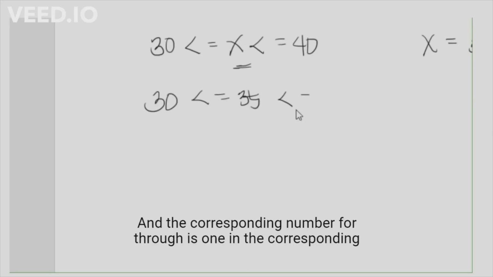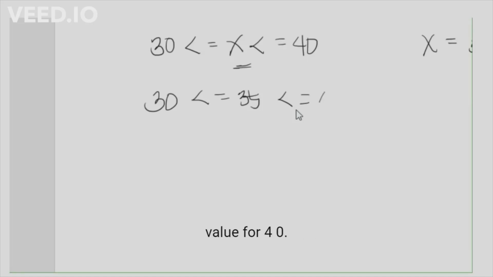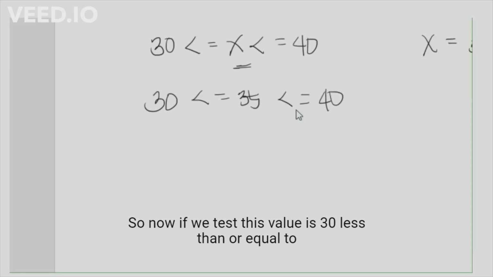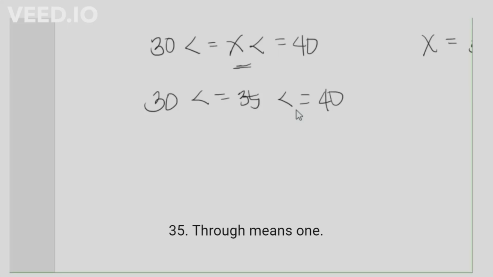The corresponding number for true is 1, and the corresponding value for false is 0. So now, if we test this, is 30 less than or equal to 35? True. So true means 1.